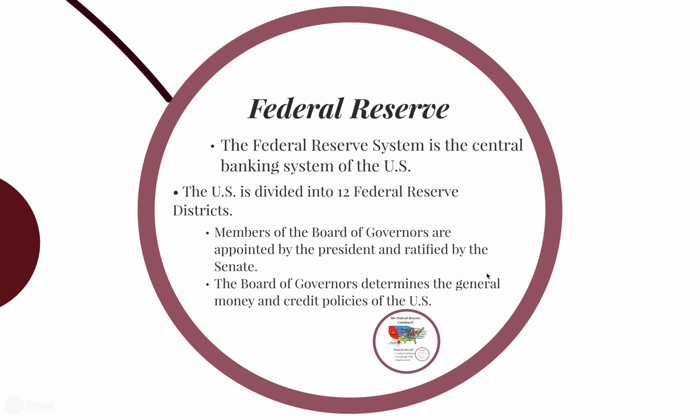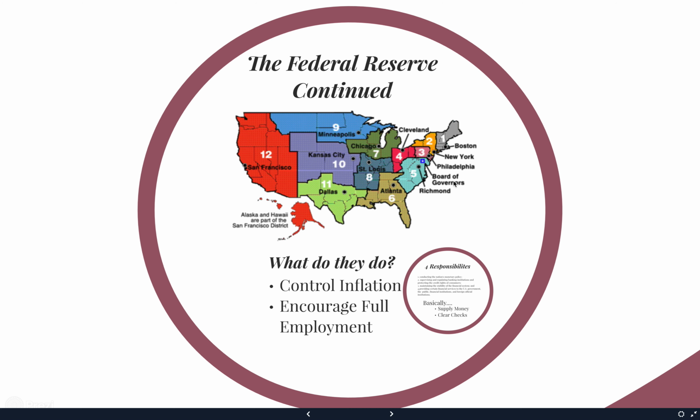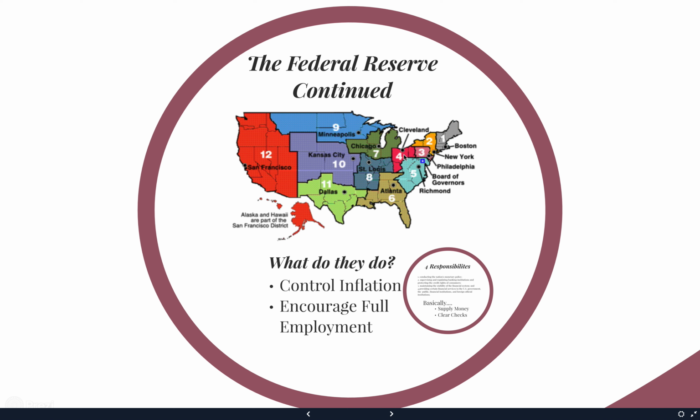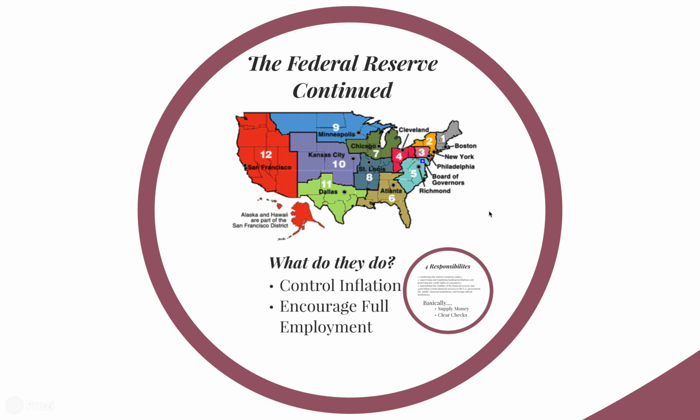The Federal Reserve is divided into 12 districts. I have a little map right here that outlines that. We are in District 4 here in Ohio, and our Federal Reserve District is here in Cleveland, Ohio. So what does our federal district do? This district, which also includes parts of Kentucky and Pennsylvania, basically controls inflation.